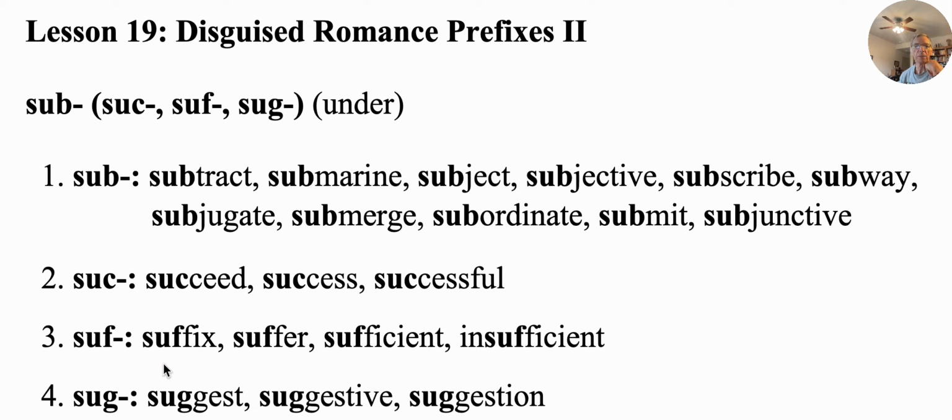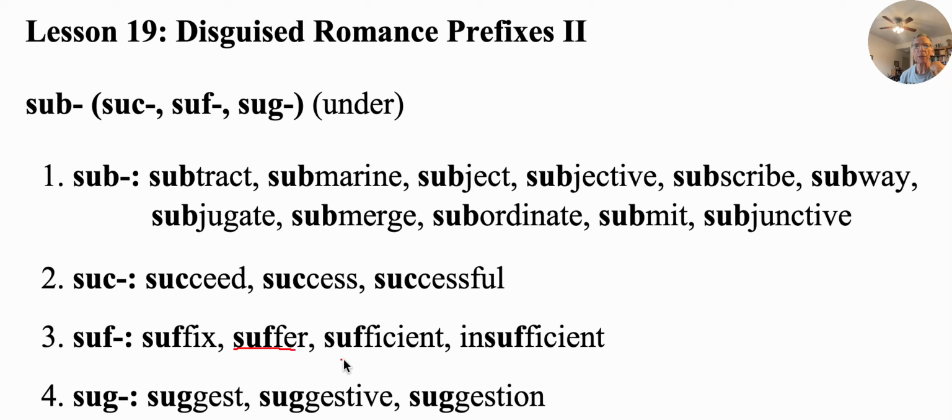But suffix goes on the end of a word. Here we're studying prefixes that you fix or put on the front of a word. A suffix goes at the end of the word to add to its meaning or change its meaning a little bit, enrich its meaning.